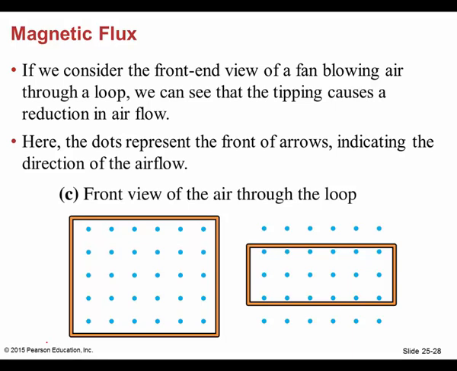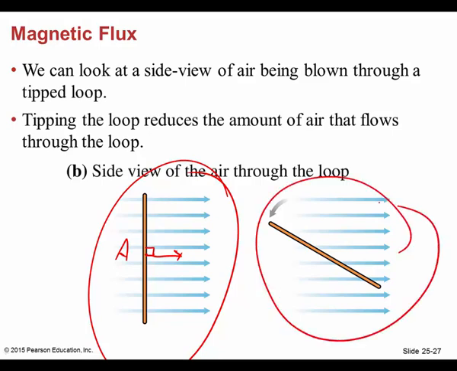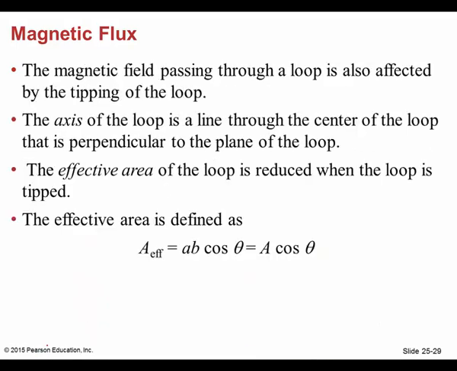So what does this mean? If you go back and look, this would be the one where the wire is perpendicular to the magnetic field, which means that the normal to the area is parallel to the magnetic field. This would be the smaller area. Notice that it is tilted, so this is actually how much area you would have passing through.